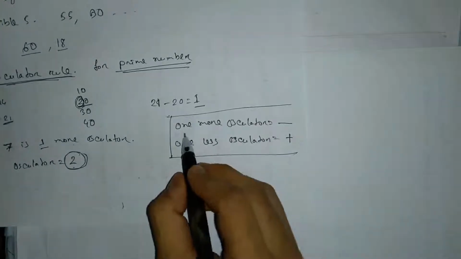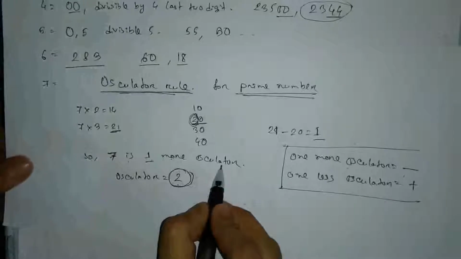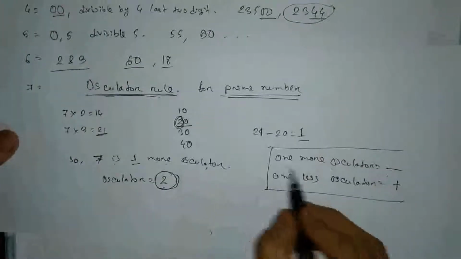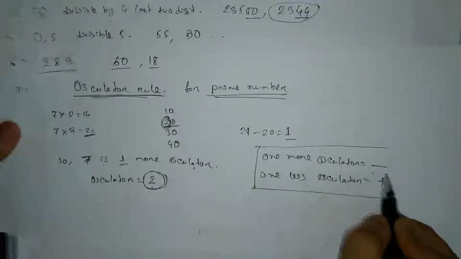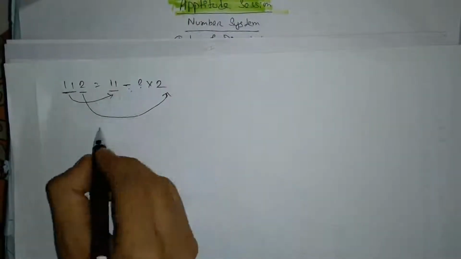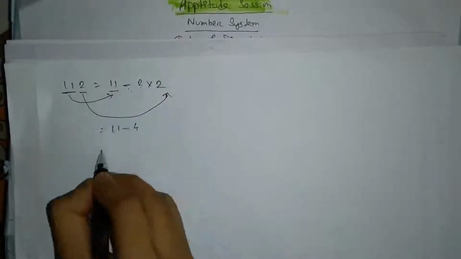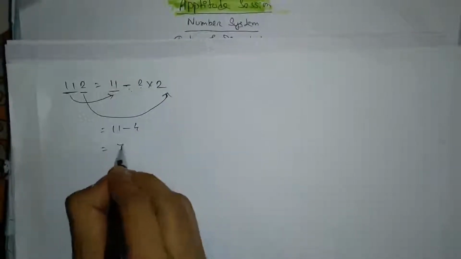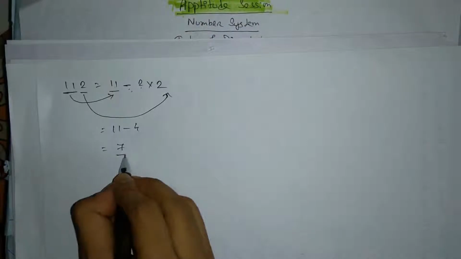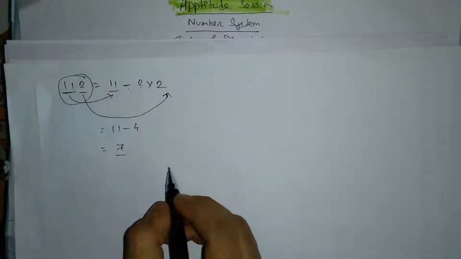This is negative because 7 is a one more osculator, so we give it the negative sign. Let's simplify it. 2 into 2 is 4, 11 minus 4 is 7. 7 is divisible by 7. Yes, so 112 is divisible by 7.